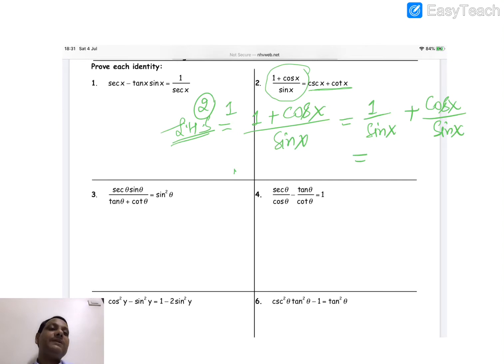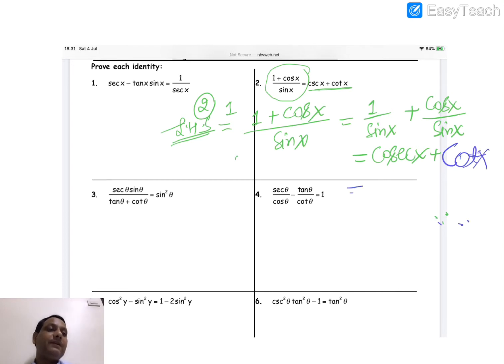So 1 over sin x is going to be changed into, as you know very well, cosec x, and cos over sin is cot x.